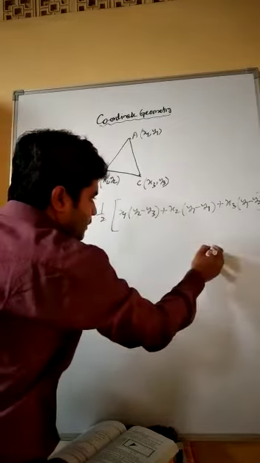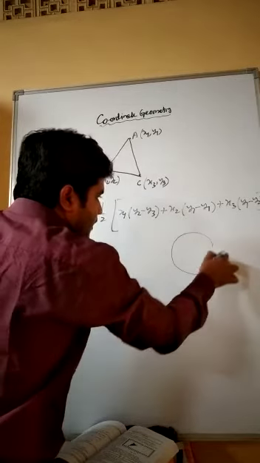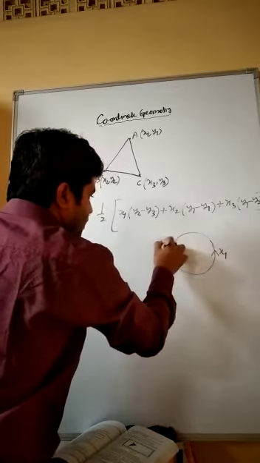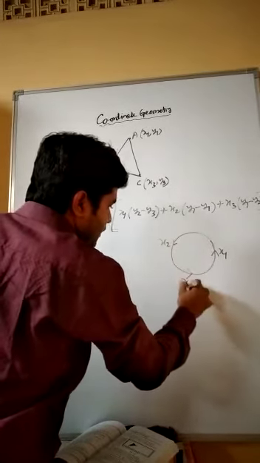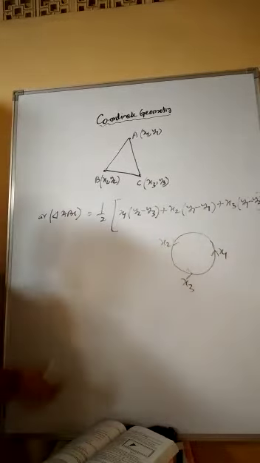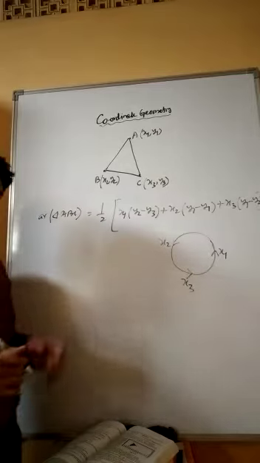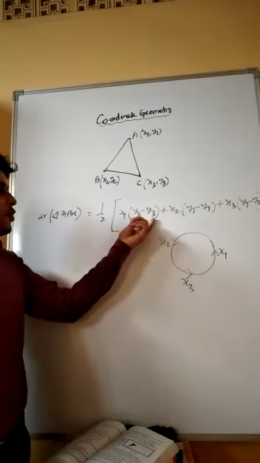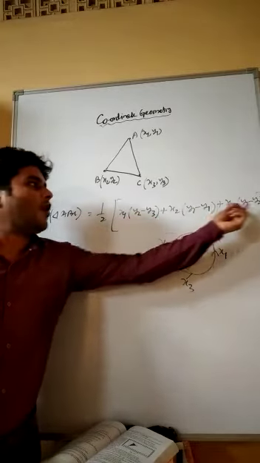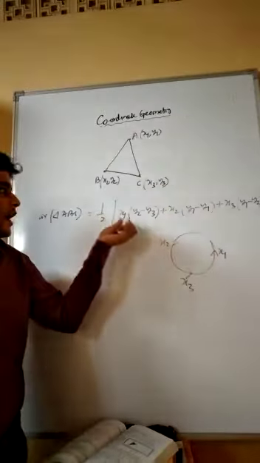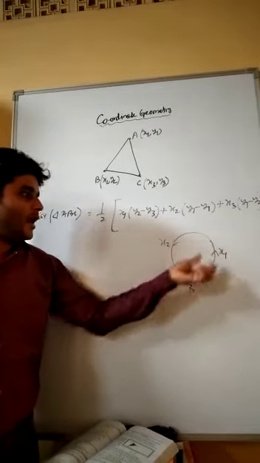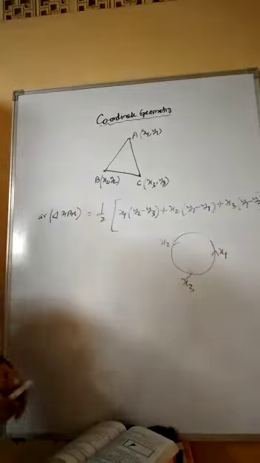Once you see here, this is a circle. It is a cyclic order. Suppose this one x1, this one x2, and this one x3. I'm writing here x1, x2, x3. Now how to remember the formula? In the bracket portion, there is only the difference between two ordinates, and the outside of the bracket is the abscissa. So I have written here only the abscissas.